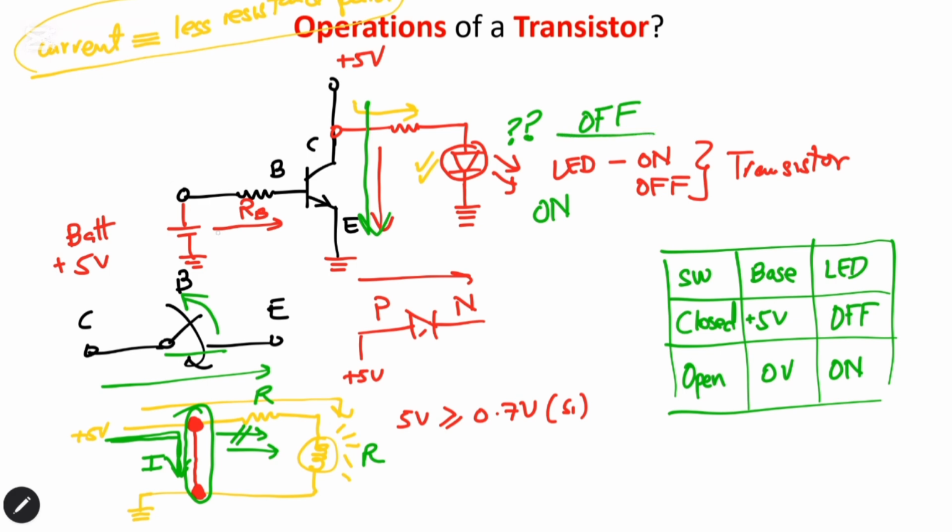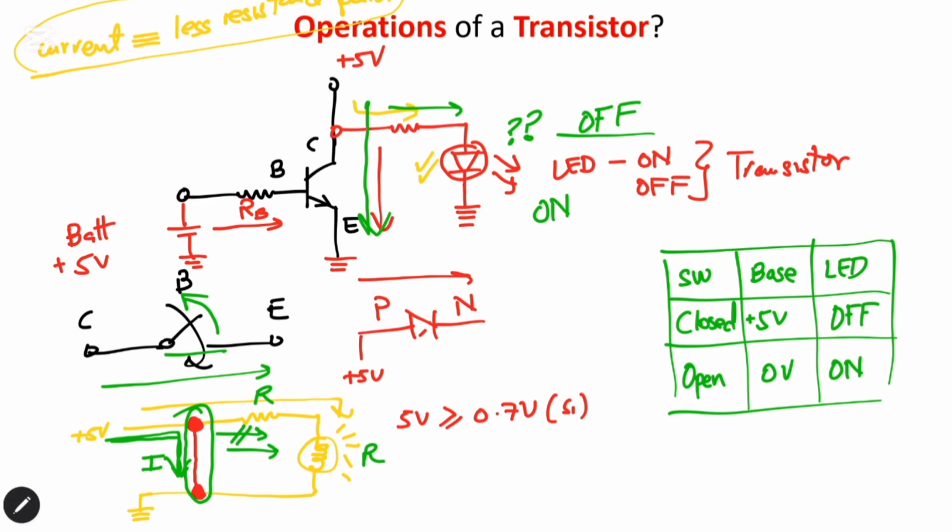So when we remove the voltage at the base of the transistor, that means no current will now flow from collector to emitter. The current will flow in this direction. That is why you can see that a transistor can be used as a switch in that scenario.